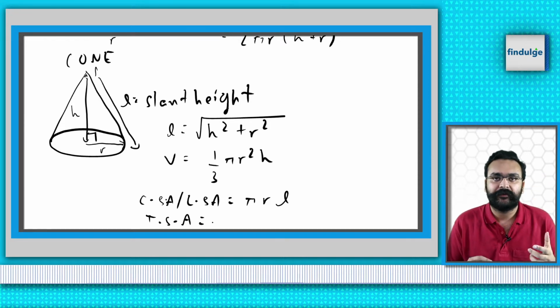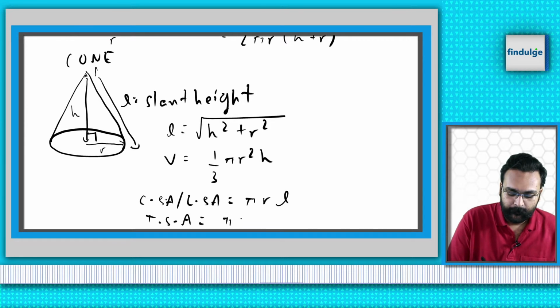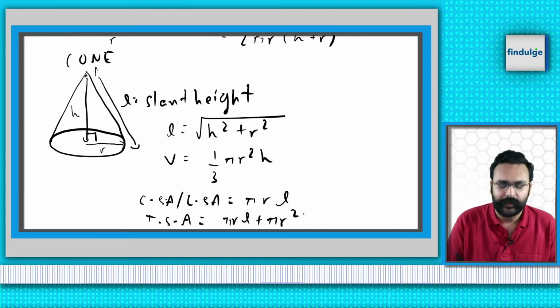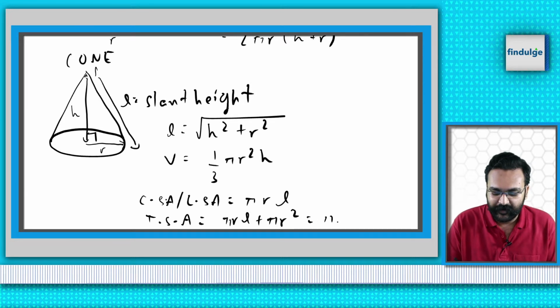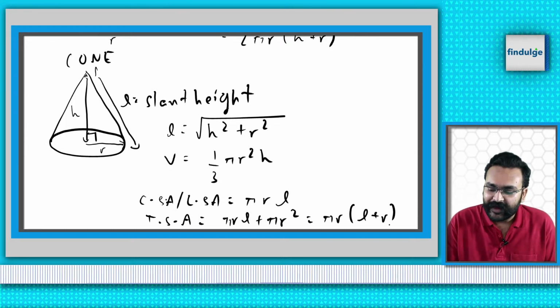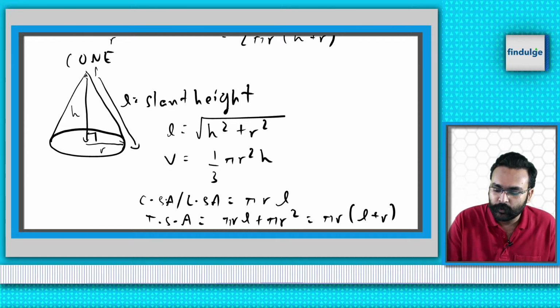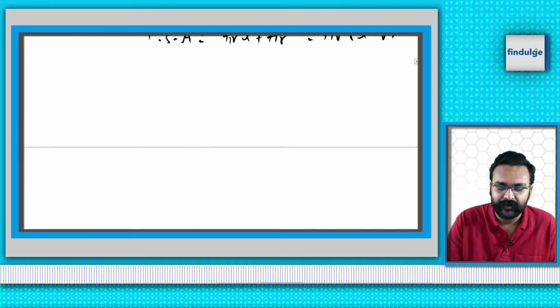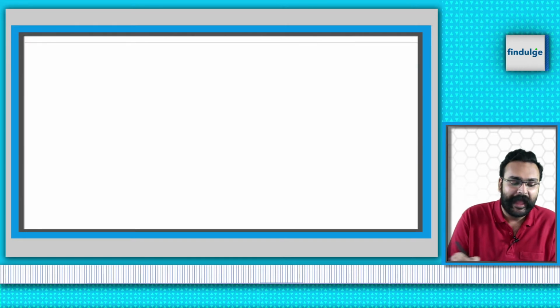It has no area. The bottom will contribute. So it will be pi r L plus pi r square, which can again be simplified to pi r into L plus r. So cone.